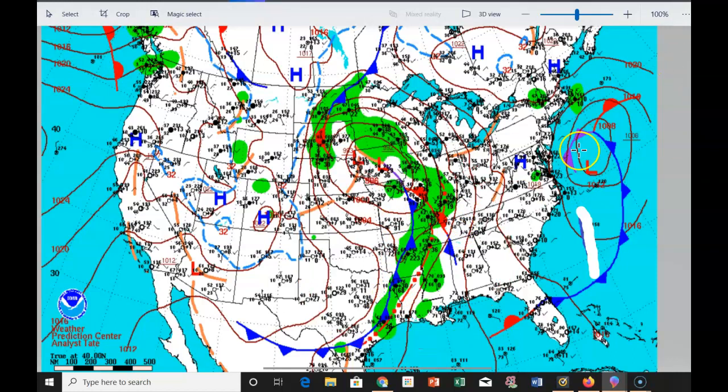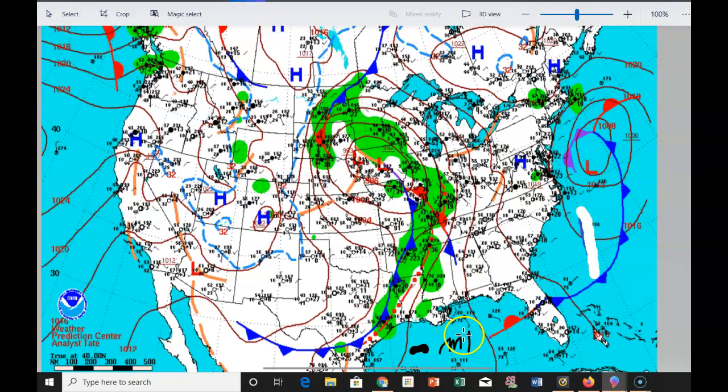And you may ask, well, where do these air masses come from? The air masses in a mid-latitude wave: one, the warm, moist air, is a maritime tropical.